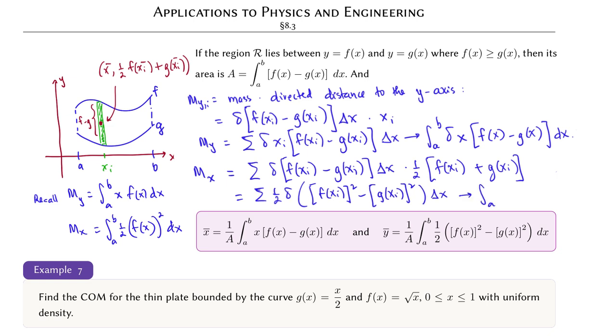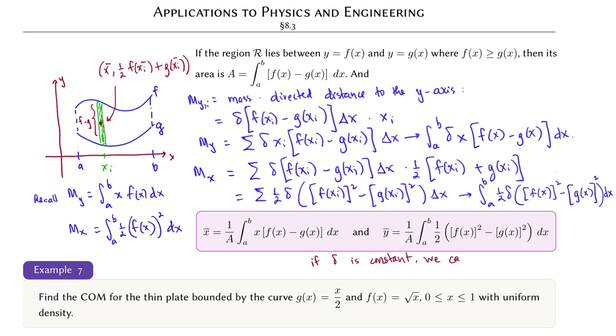Taking n to infinity, we have the definite integral from a to b of 1/2 the density, f of x squared minus g of x squared. We can ignore the density if the density is constant or uniform.